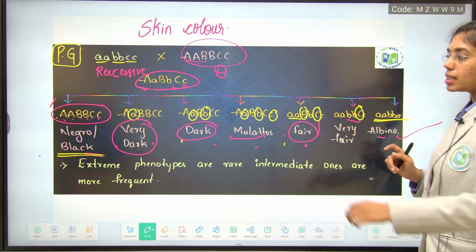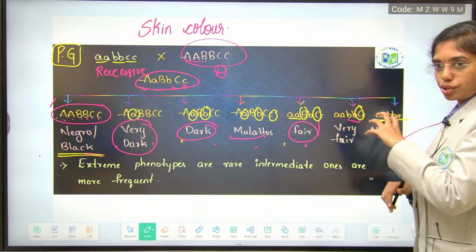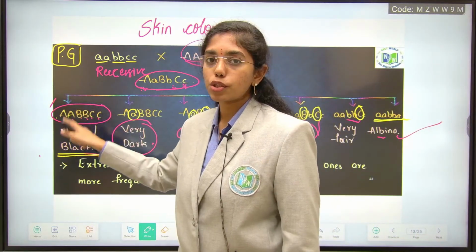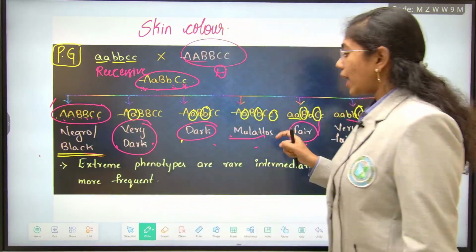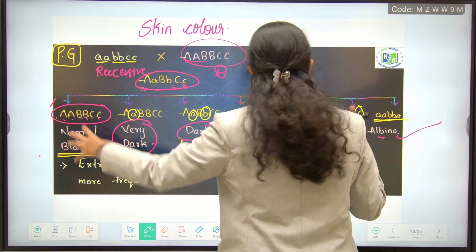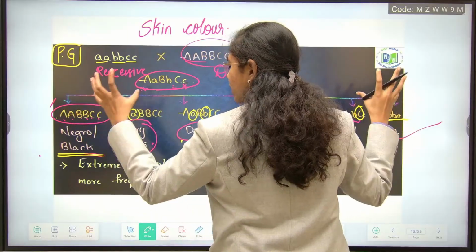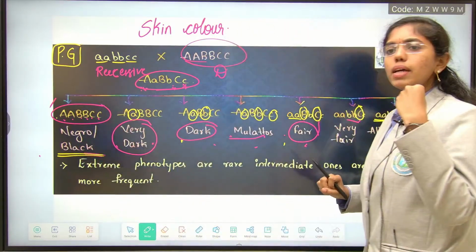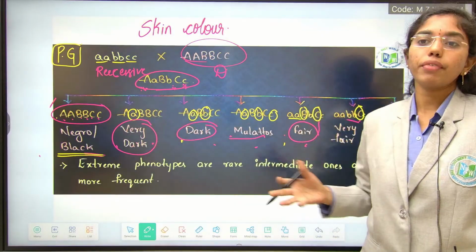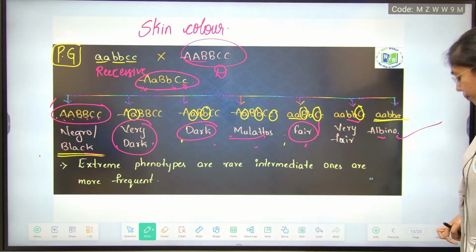Fine, right? These are different allelic combinations, and here the dominant alleles are showing the additive effect. Extreme phenotypes, be it completely negro and black or completely albino, are always rare, whereas intermediate phenotypes are more frequent. Understood, right? Next.